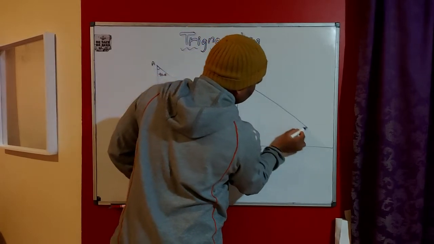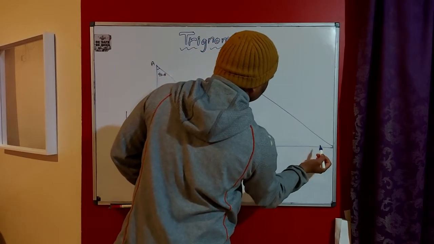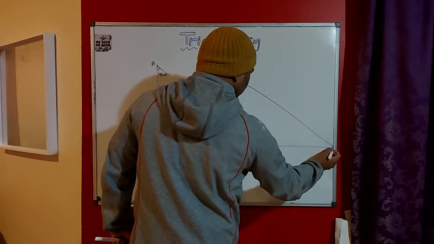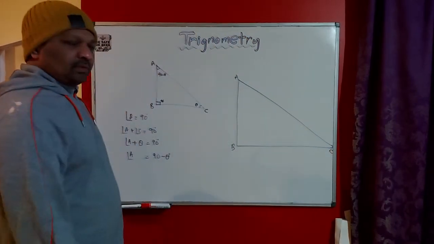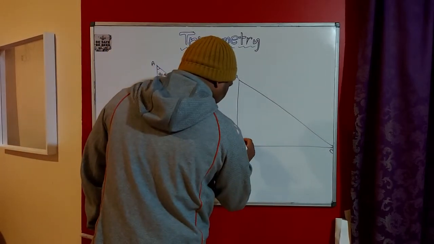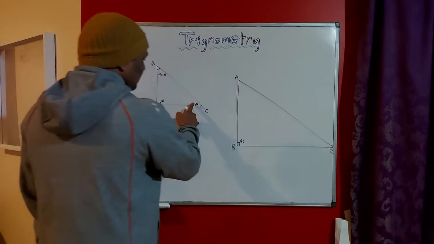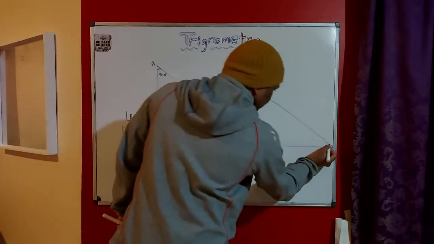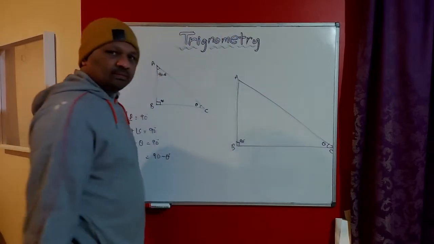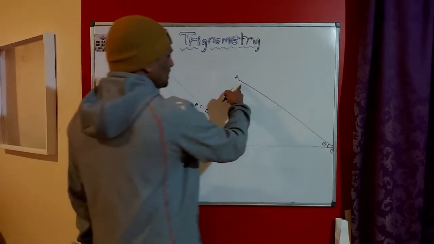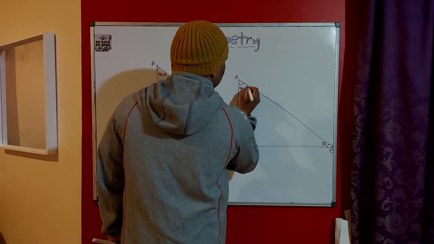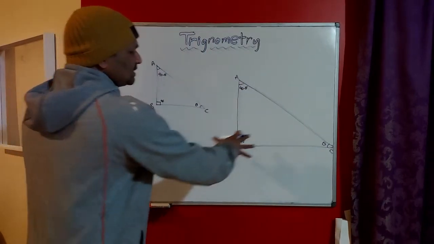Again, this is A, this is B, this is C. But here it is 90 degrees, here also it is 90 degrees. Here it is theta, here also it is theta. See, this theta here is 30 degrees, here also it is 30 degrees. What will be this angle? Same. It's going to be the same angle, 90 minus theta. Okay. So this is small triangle. This is big triangle.